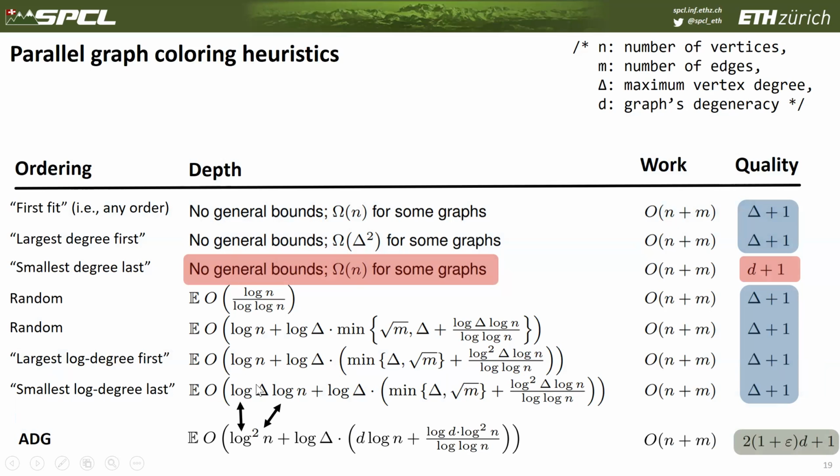This is coming with a product of log n times log delta, where delta is the maximum degree in the graph, so it is often not much smaller than n. So really the bound is not that much different, and we also see this in the evaluation that the results are also not really much worse in terms of runtimes. But again, we do have this bound for the quality, which is much better than the bounds delta plus 1 present in most of these other recent schemes.